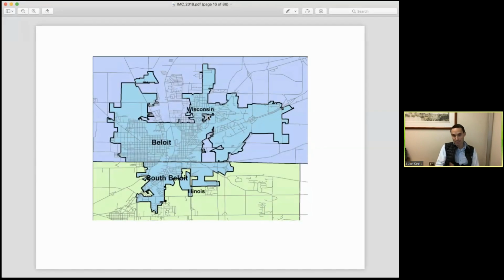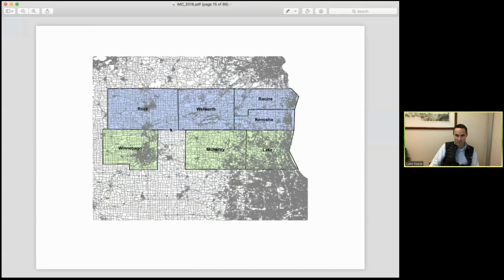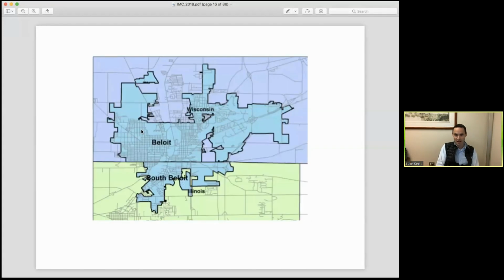In particular, one thing that's very fascinating about these designs is if you spend some time looking along this border. If you go to this little area here, most of this is actually rather empty. But if you go to this area here, there is a town by the name of Beloit. This is the Wisconsin side, and this is the Illinois side, and it's literally split right through the middle, such that the people who utilize CHIP on this side now have copays, and people who utilize CHIP on this side no longer have copays.